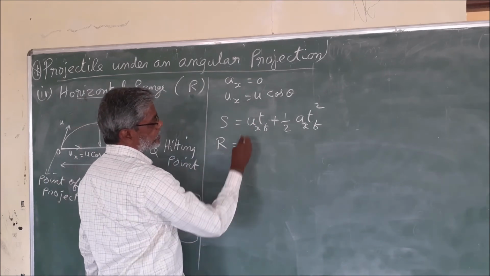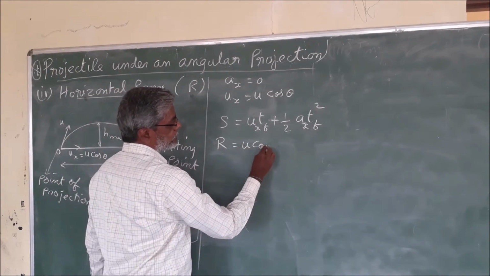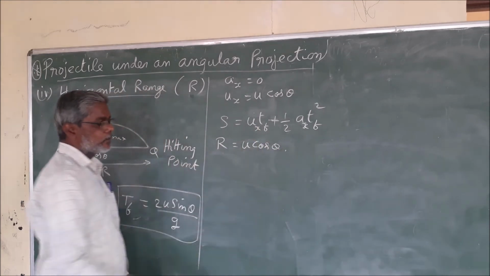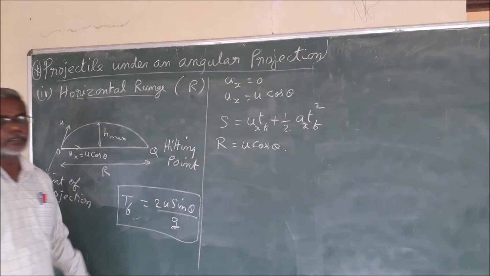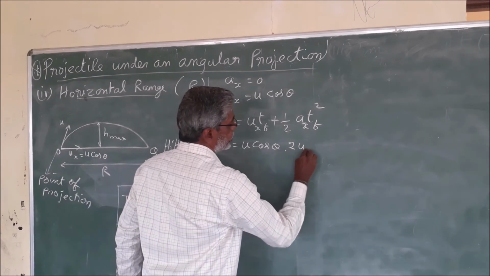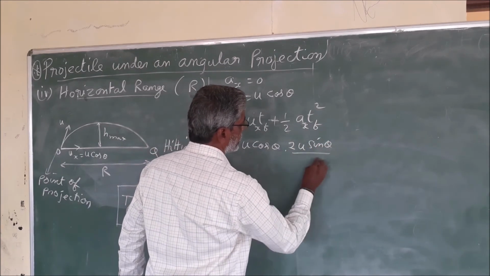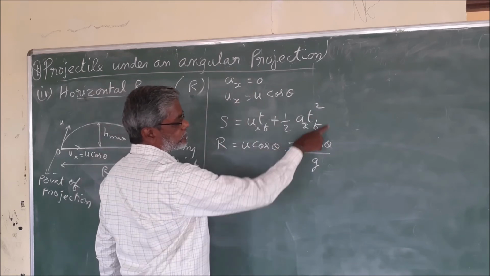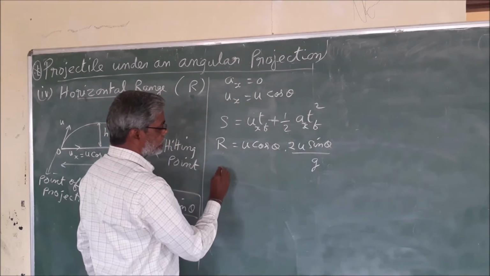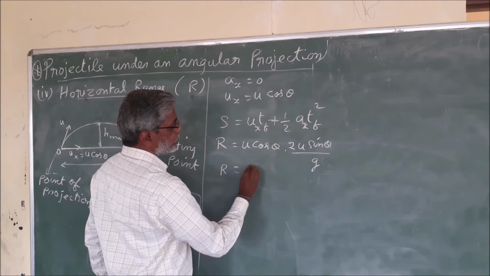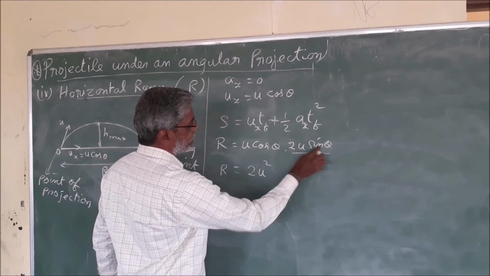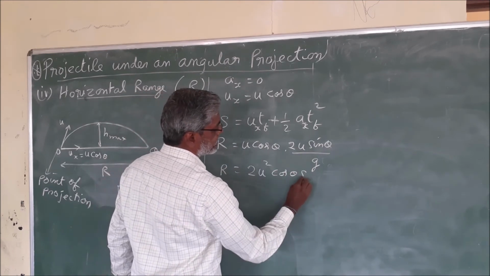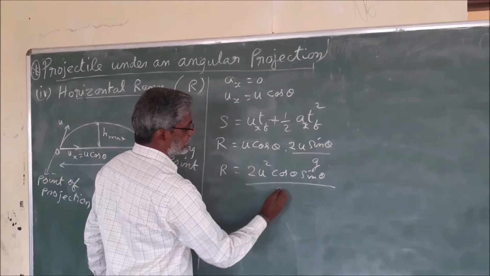Say ux is nothing but u cos theta, and this time of flight is 2u sin theta by g. So 2u sin theta by g, and here acceleration is 0, so no need to put this value. So R is equal to 2u square cos theta sin theta divided by g.